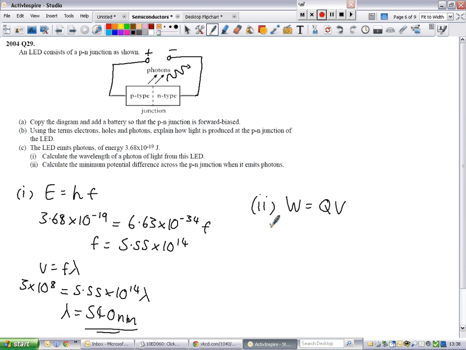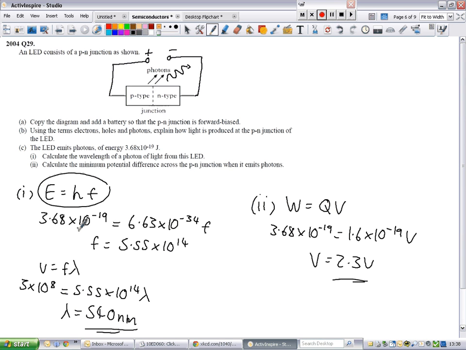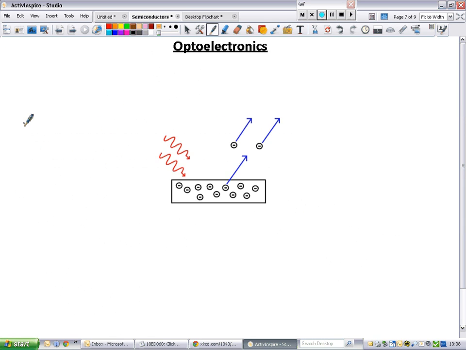It's W equals QV, where 3.68 times 10 to the negative 19 is equal to 1.6 times 10 to the negative 19 times V, and you'll find that V is 2.3 volts. So that's the minimum potential difference you'll produce if you've just got one singular electron. So this E equals hf becomes very important, particularly when we're doing the optoelectronics side of things, which is what we're going to now.